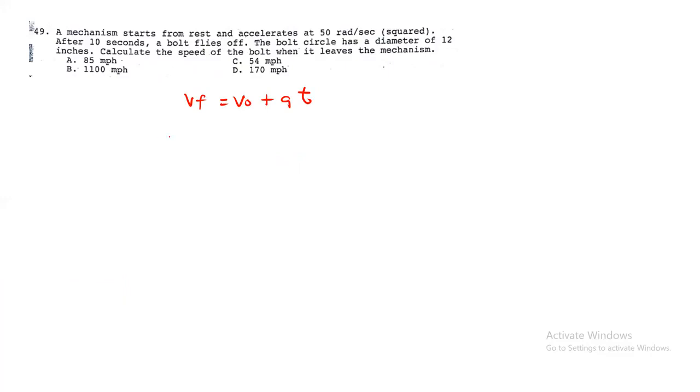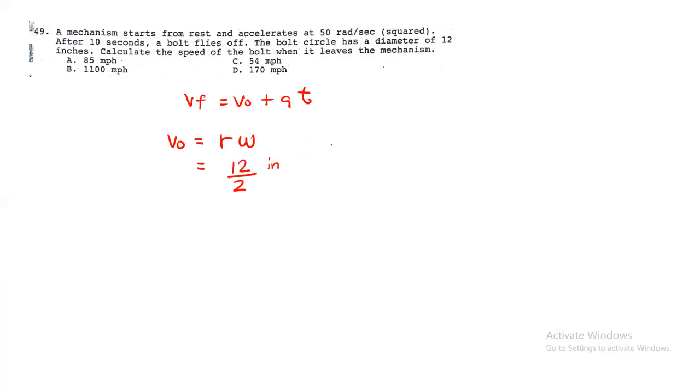So Vo is equals to R times W. So ilan yung radius natin? So 12 inches yung diameter, no? So 12 divided by 2 para maging radius, inches.